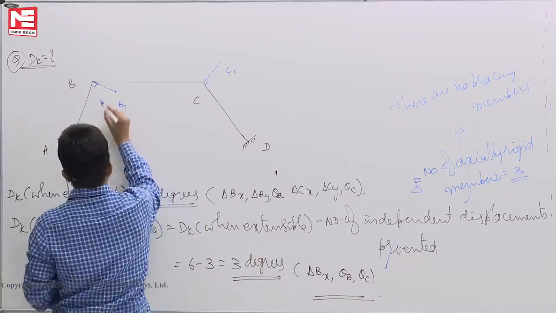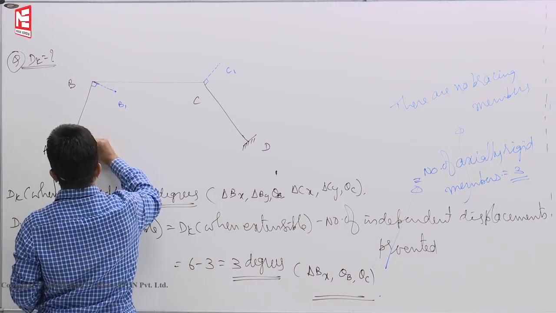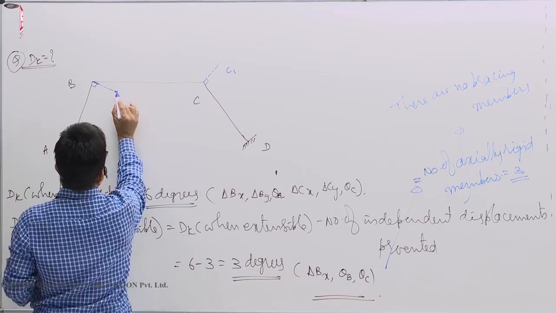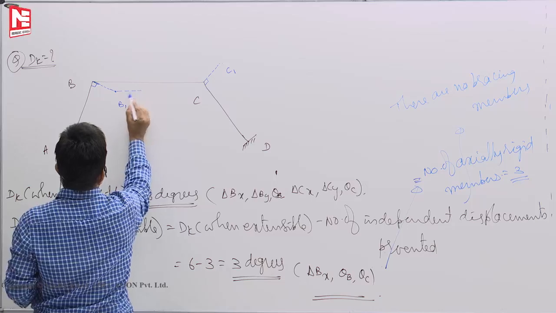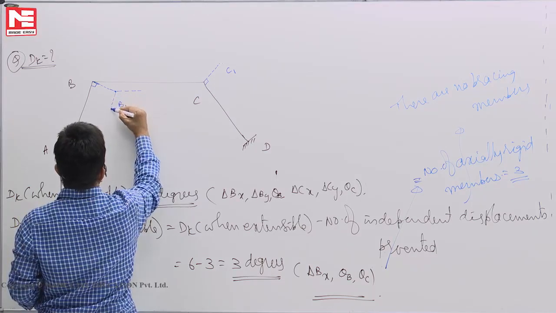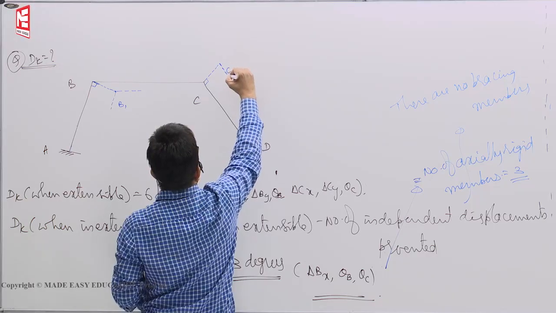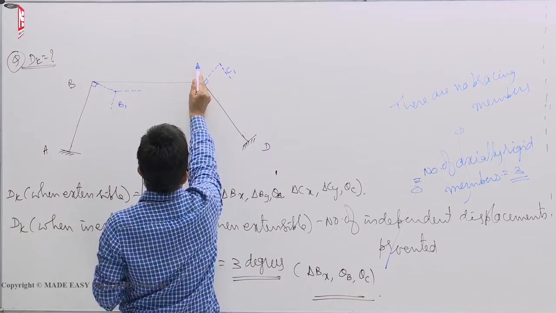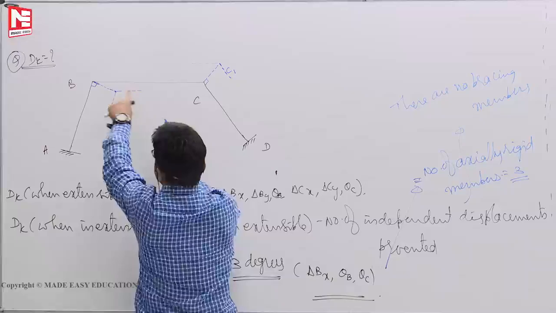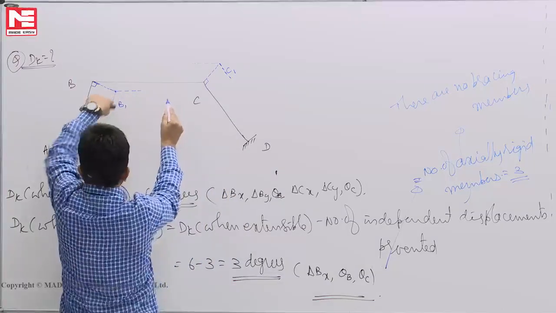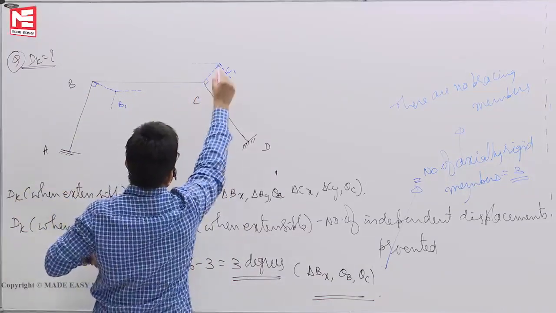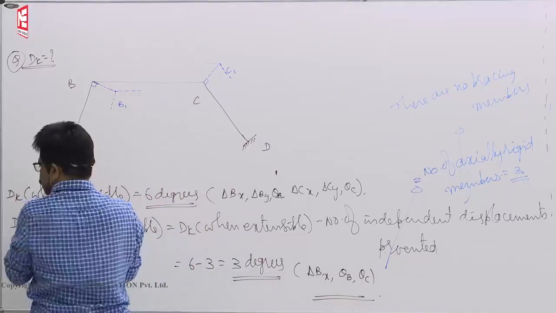And this deflection profile will go like this. Here initially a horizontal member was there, here also initially an inclined member, and this also a horizontal member. These are the initial positions: horizontal, inclined, horizontal, inclined. Now how do they rotate?